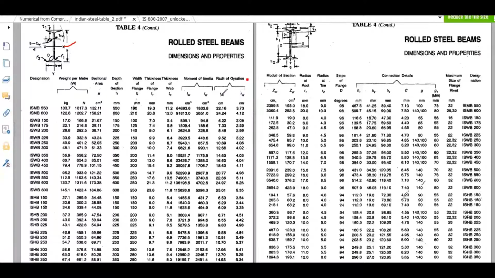There are two axes, the x axis and the y axis, the vertical axis. Rx is nothing but our rz, since we consider this x axis as the z axis in our case, and this is ry.